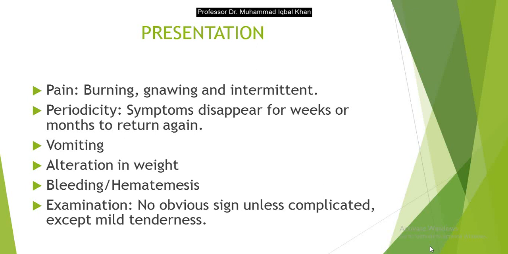Suppose the patient is giving a pain which is increased by taking a meal, and it is relieved 2 hours after the meal, once the food has passed from the stomach to the duodenum. Or if the patient is having vomiting, the vomiting relieves the pain. So this is a typical gastric ulcer pain.